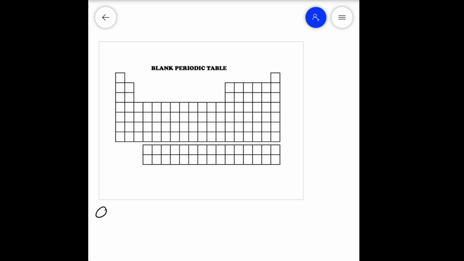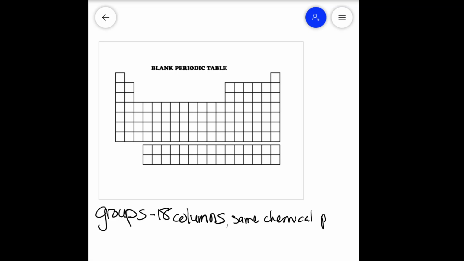So on the periodic table, there are 18 columns or groups. And these columns or groups are important because all the elements, besides hydrogen, in a column, in the group, have the same chemical properties because they have the same number of valence electrons.